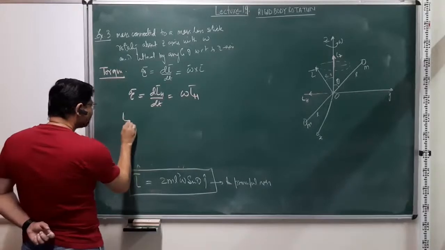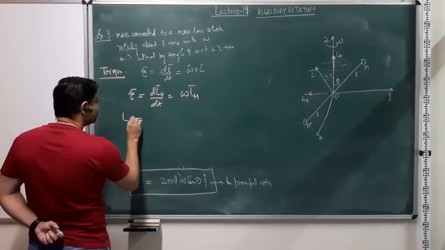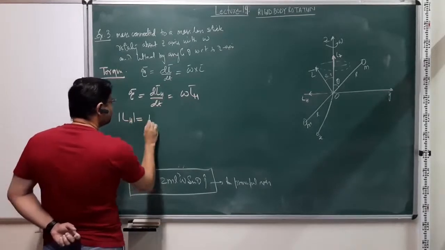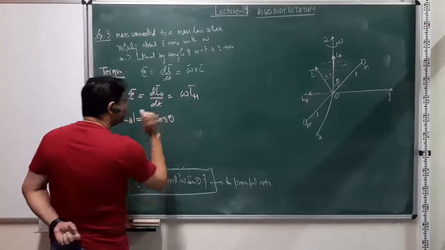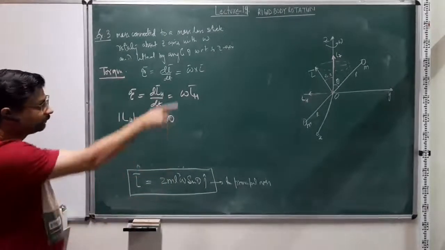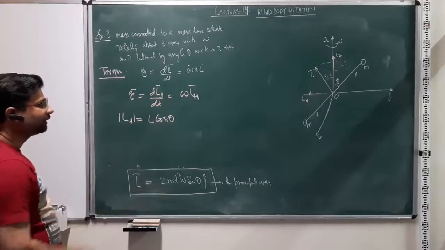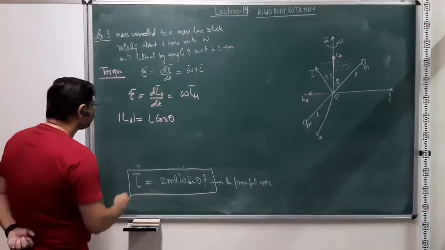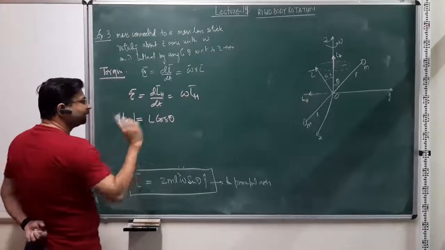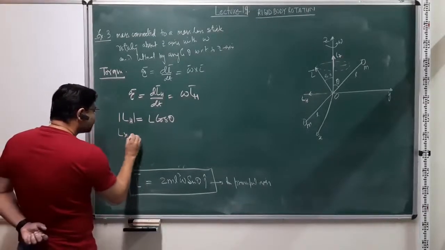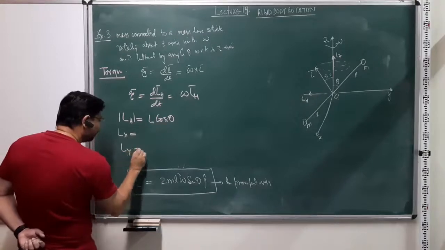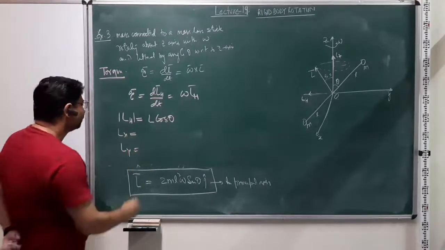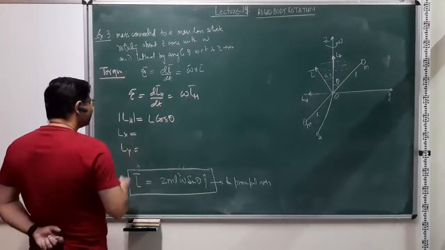So first of all, the LH magnitude is basically L cos theta, right? You can check it from there. L vertical will be L sin theta, and this will be L cos theta. And now, since it's rotating, at any instant it will have two components, Lx and Ly, which are basically going in circular motion.